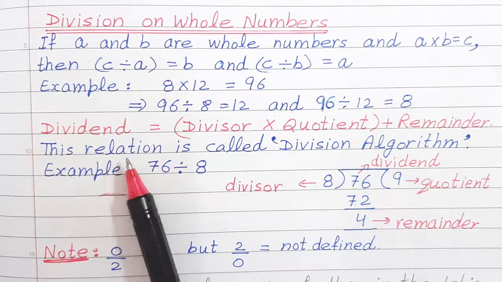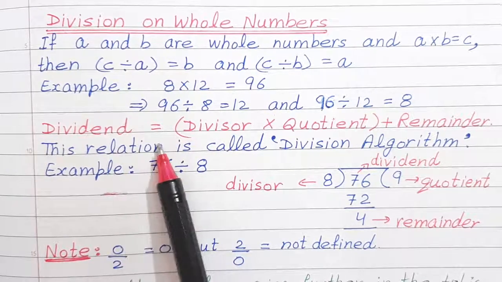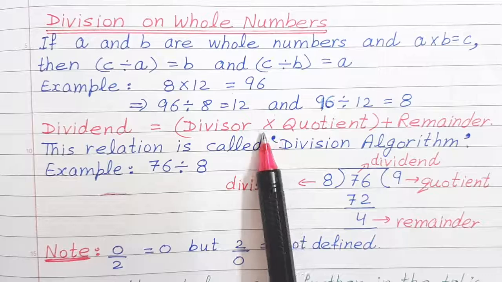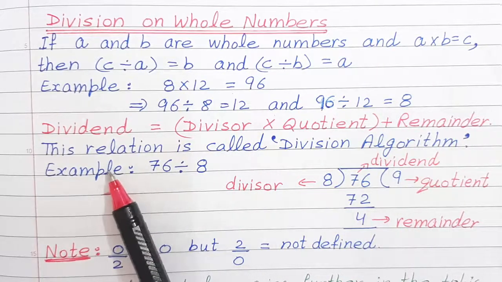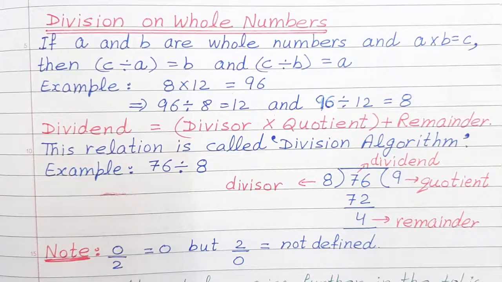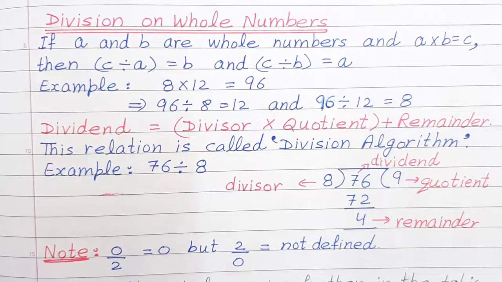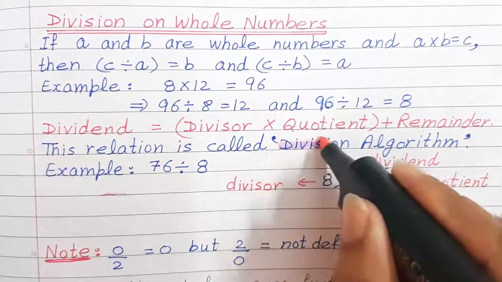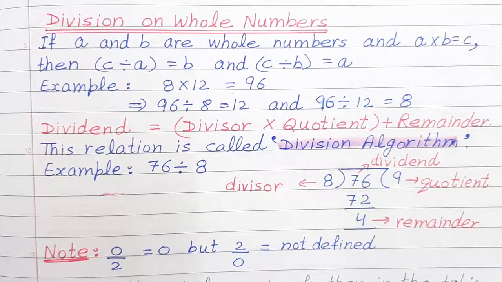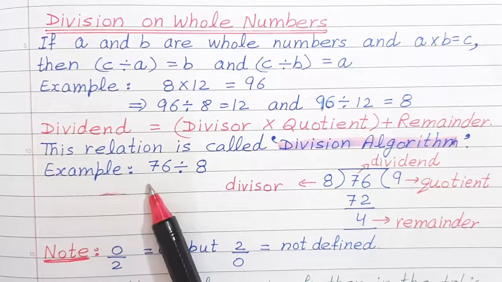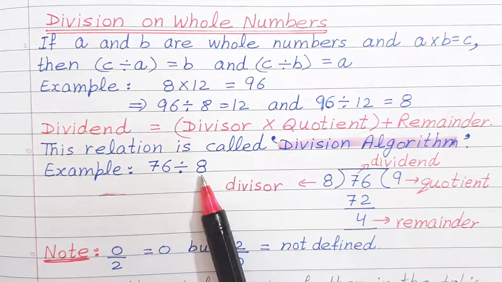So this means dividend is equal to divisor into quotient plus remainder. Students, this relation is known as division algorithm. Right? Clear? So let us discuss this with the help of an example here. 76 divided by 8.